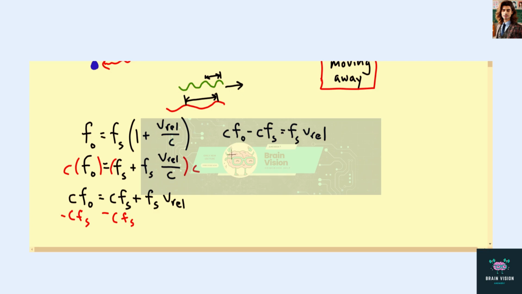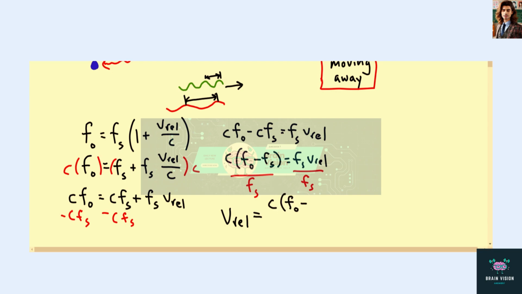I'm going to factor out a c on the left side, and lastly we'll divide by f_s on both sides. This equation will be the relative velocity: c times the difference between the observed frequency and source frequency, divided by the frequency of the source.